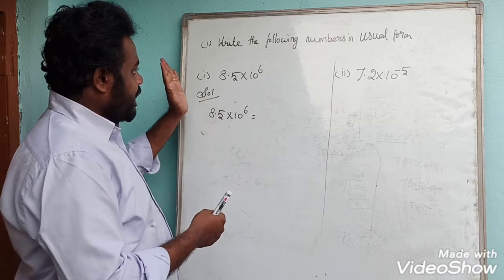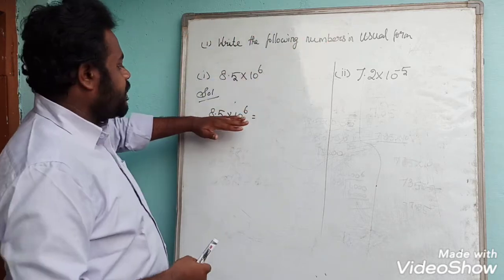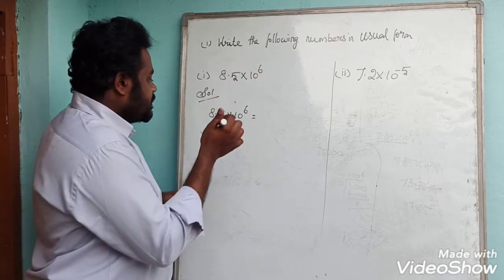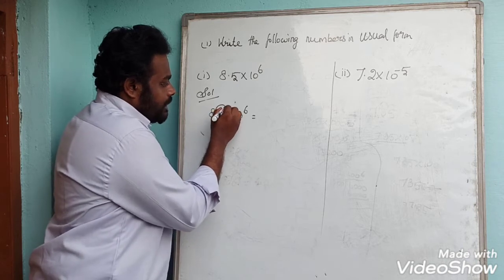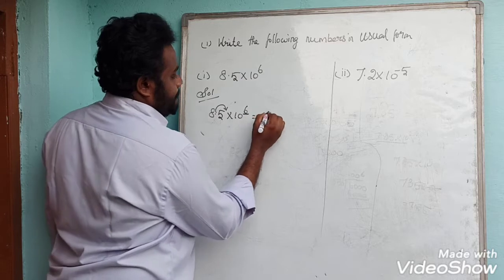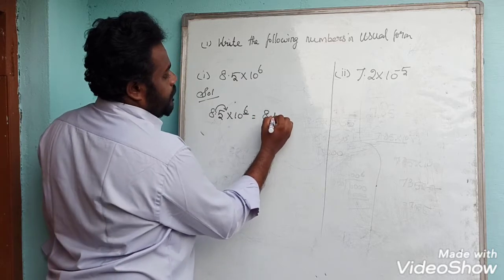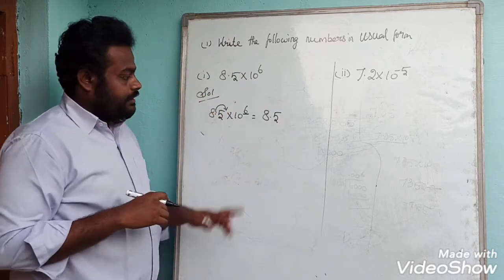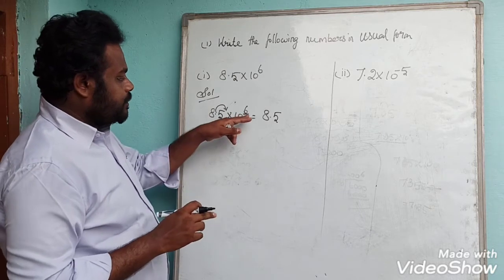So now we convert scientific notation to usual form. The decimal point can be moved to the right-hand side. How many steps? 6 steps. 8.5 is there. So now we think of positive exponents.